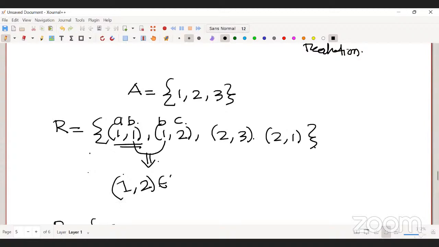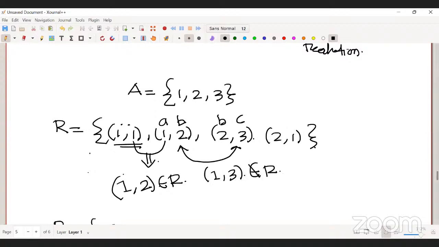Yes, (1,2) is inside R, right? Now if you take these two tuples, (A, B) and (B, C), and then take (A, C), what will you get? (1,3). (1,3) is not inside R. So from here itself you can say that R is not transitive.